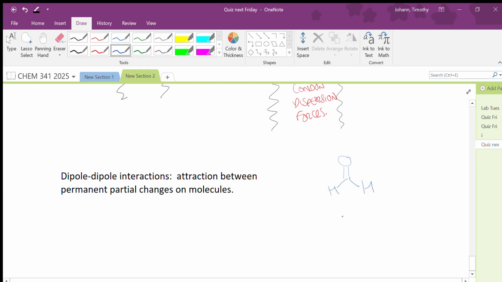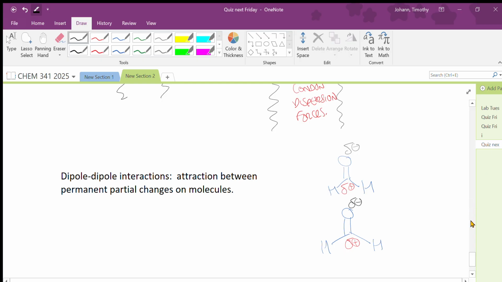So I've got a formaldehyde, and I've got another formaldehyde, and formaldehyde can line up like this because I have a partial negative charge here because oxygen is more electronegative than carbon, where I have a partial positive charge. And it's a permanent charge, so I have interaction between the partial positive there on that carbon and the partial negative here is the way you can think about it. Okay, dipole-dipole interaction.